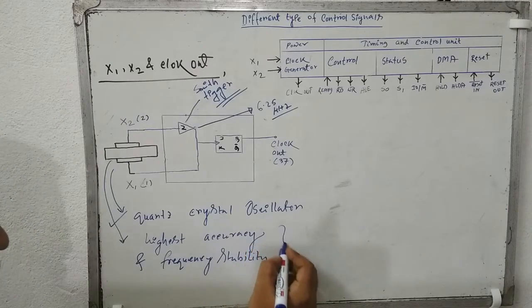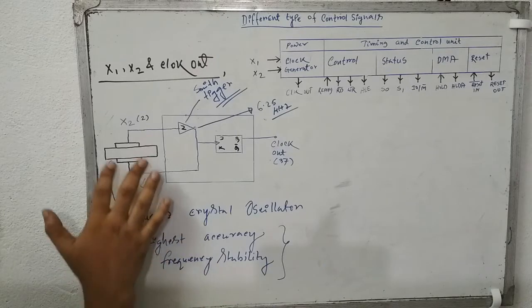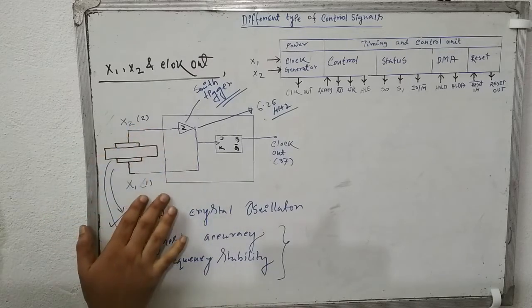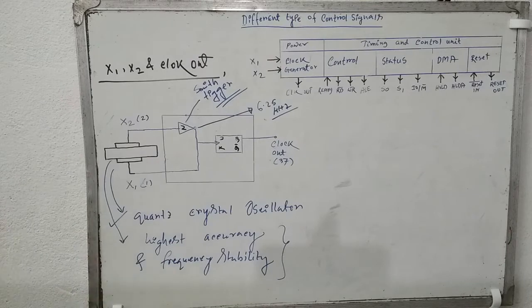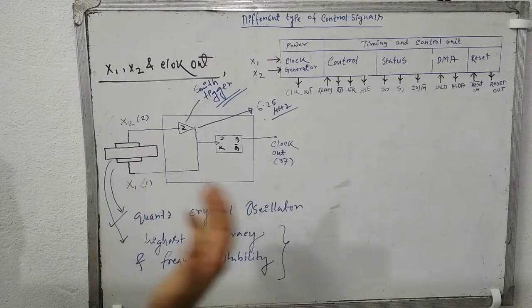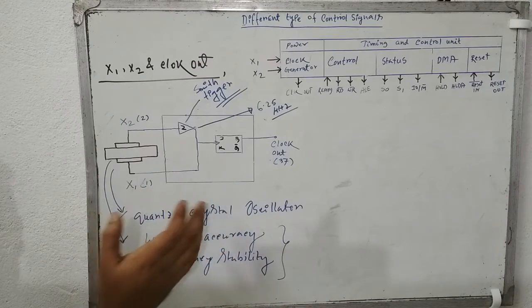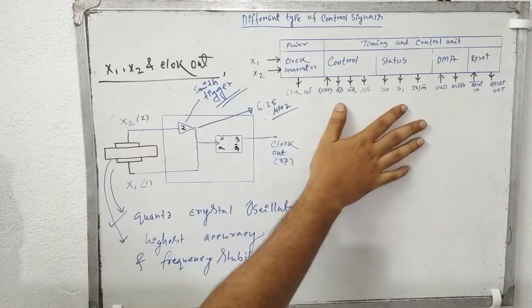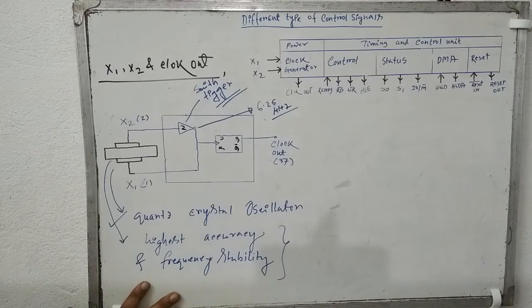Due to these two reasons we use this quartz crystal oscillator for all microprocessors to provide the frequency to the circuit. So that was the quartz crystal oscillator.